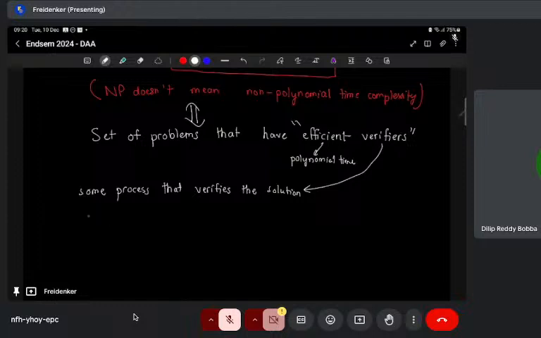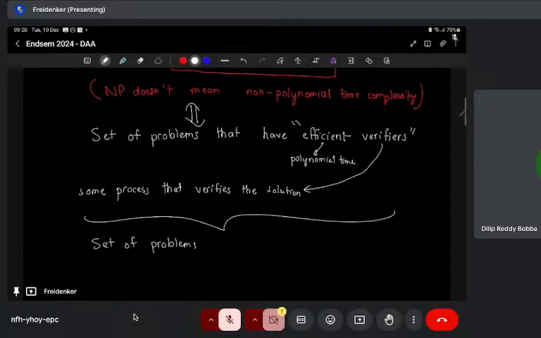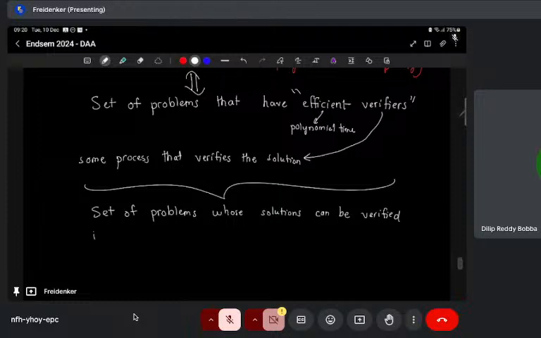It means the set of problems whose solutions can be verified in polynomial time complexity.